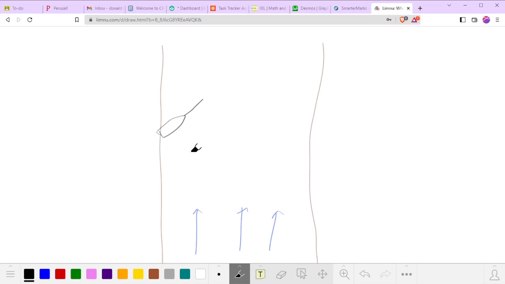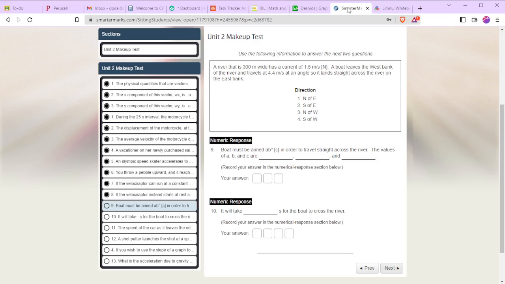Oh, I drew that facing the wrong way. We have to balance for a northerly current, so the boat has to go a little bit south to end up traveling straight east. So it's got to head into the current a little bit to offset it. We need to figure out the exact value.